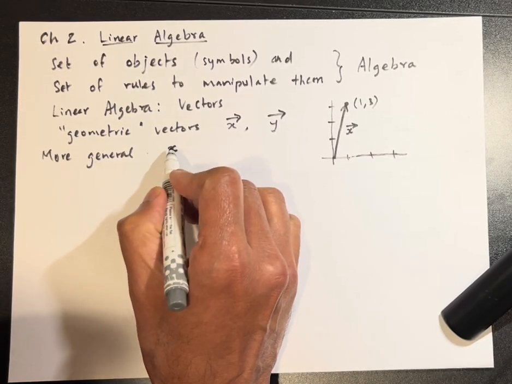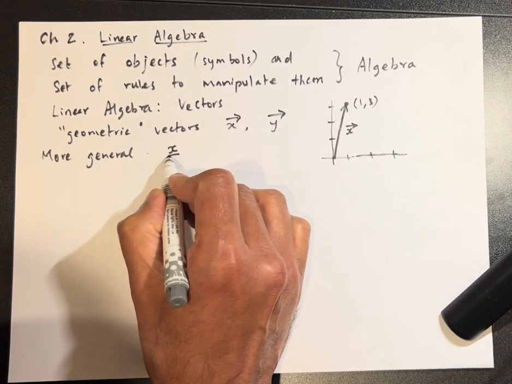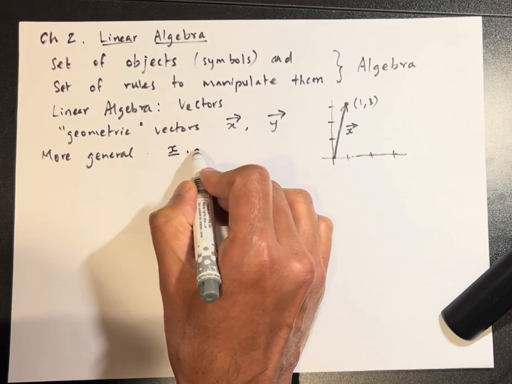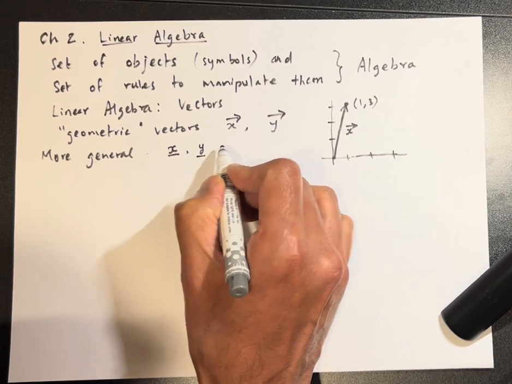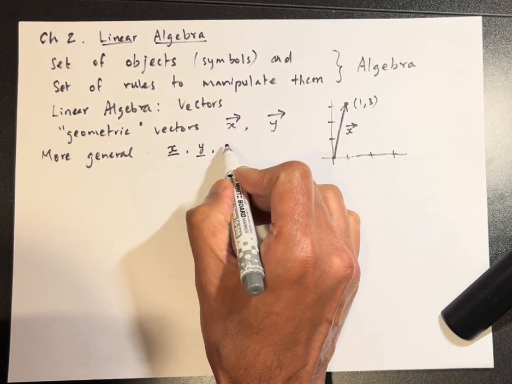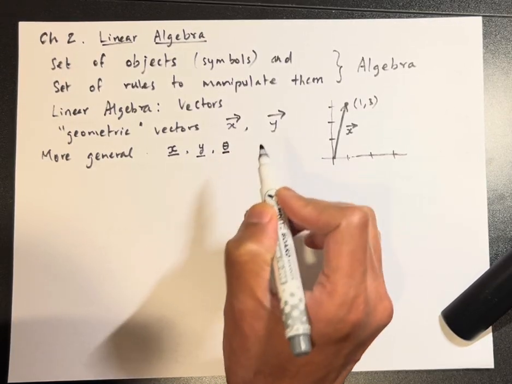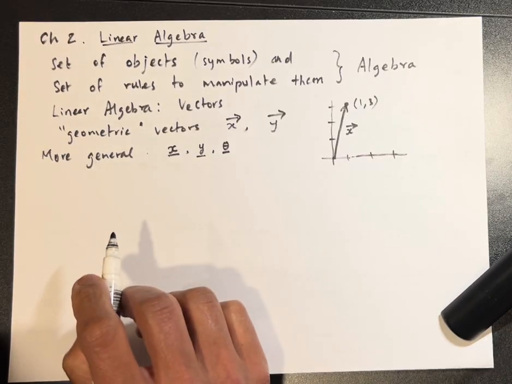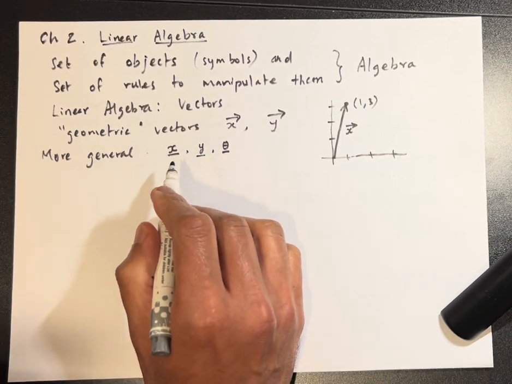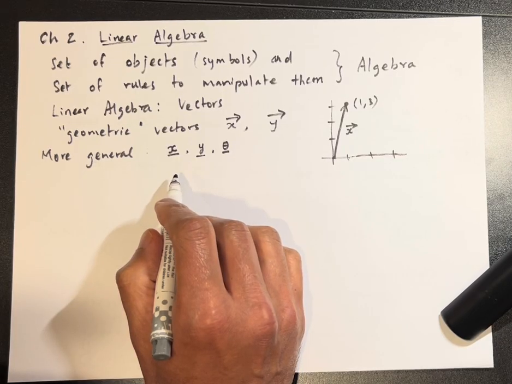When we write in pen, we just put an underline below this. So x, y, sometimes even for a parameter vector, we'll write theta and put an underscore below to denote that it's actually a vector.